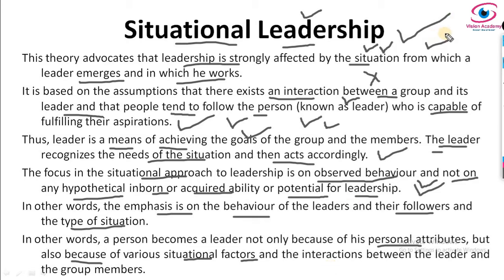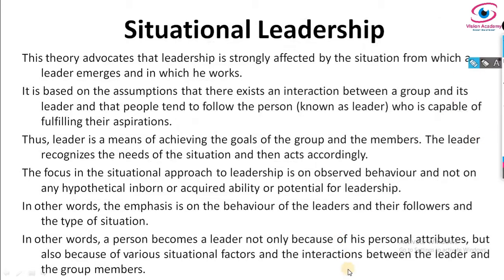Finally, situational leadership is based on observation, not inbuilt or hypothetical personality. Here the situation matters; the situation helps leaders emerge.